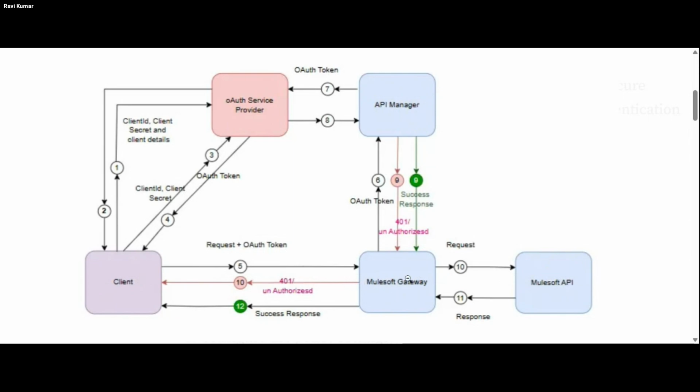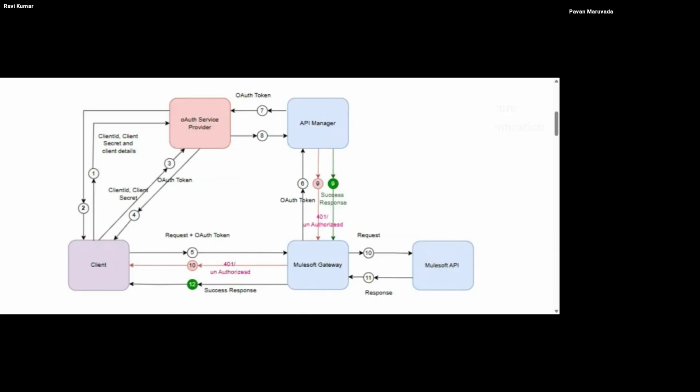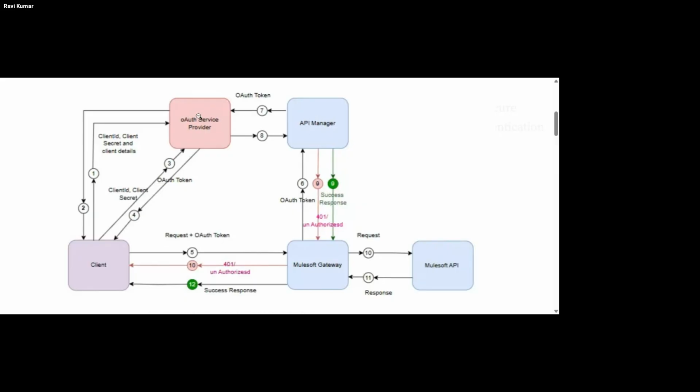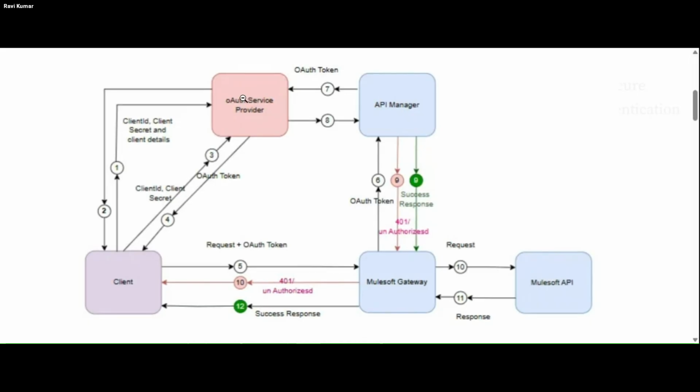So when a request comes to the MuleSoft gateway, first that request will be redirected to API Manager. When you apply this OAuth policy or OpenID Connect policy, we provide the redirection URL, like the validation URL. Internally it will call the OAuth service provider to validate the token.